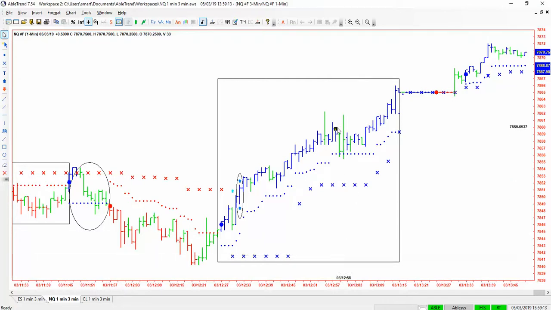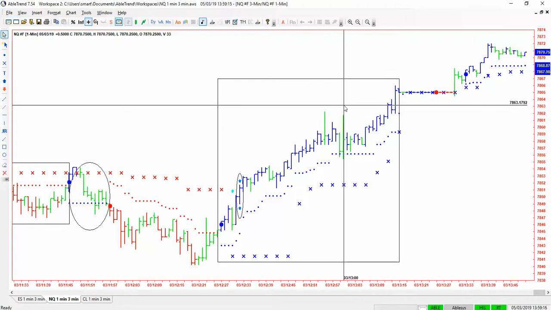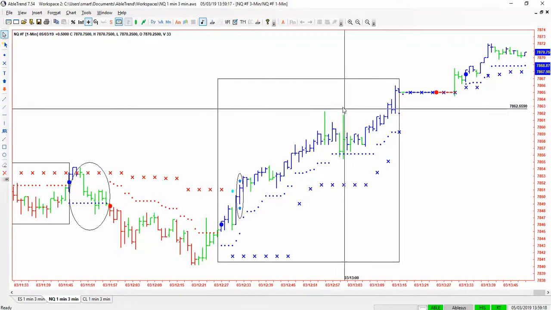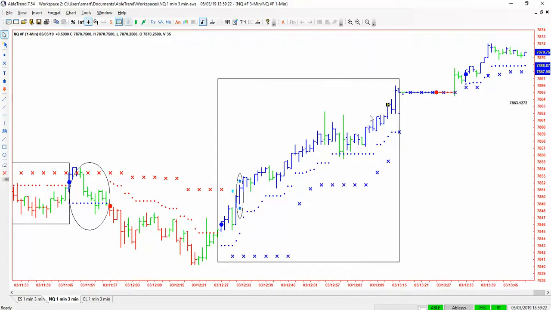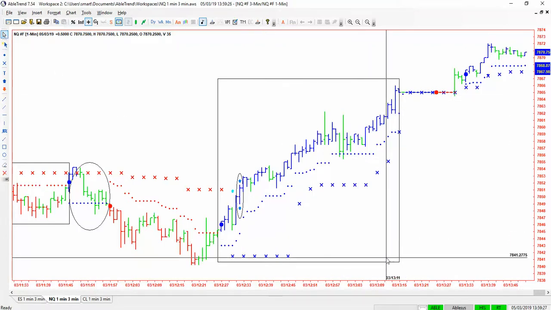Okay, New York time, like right here, this is where the market closed. The New York session closed for today and for the weekend, but it's not a bad little trade. That's pretty good. Okay, let's go to one more chart.